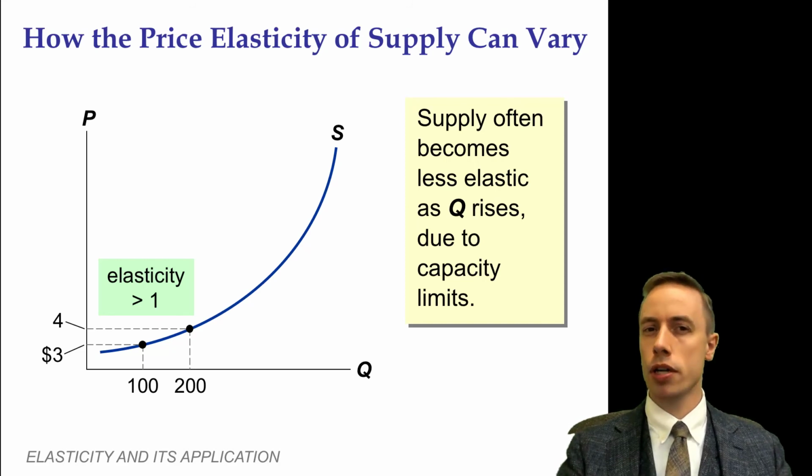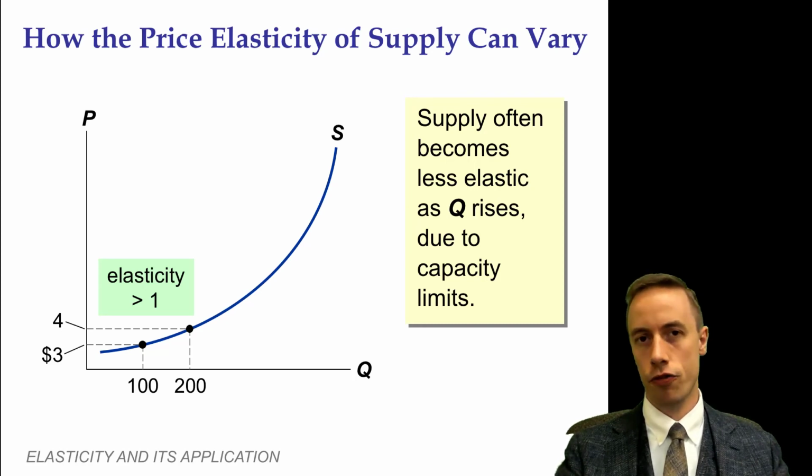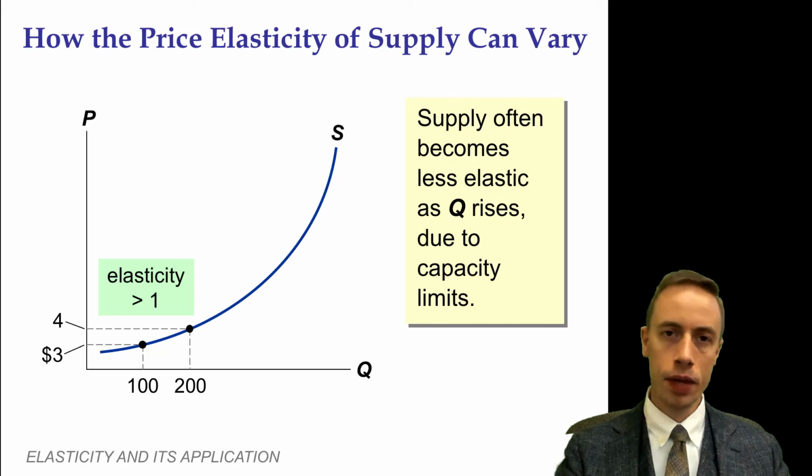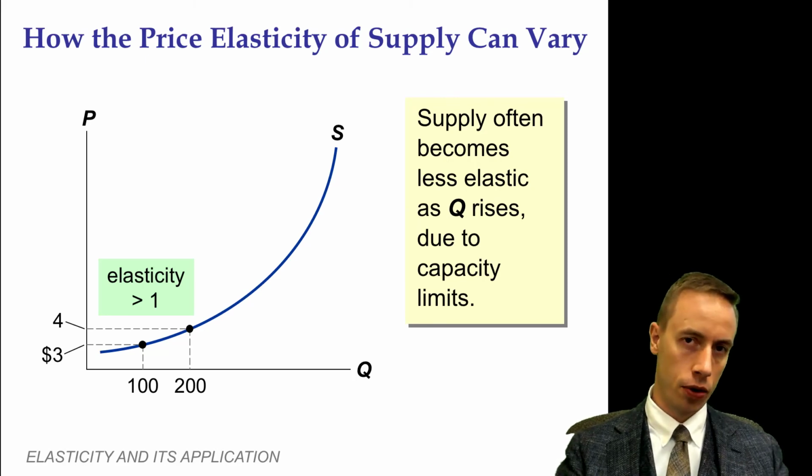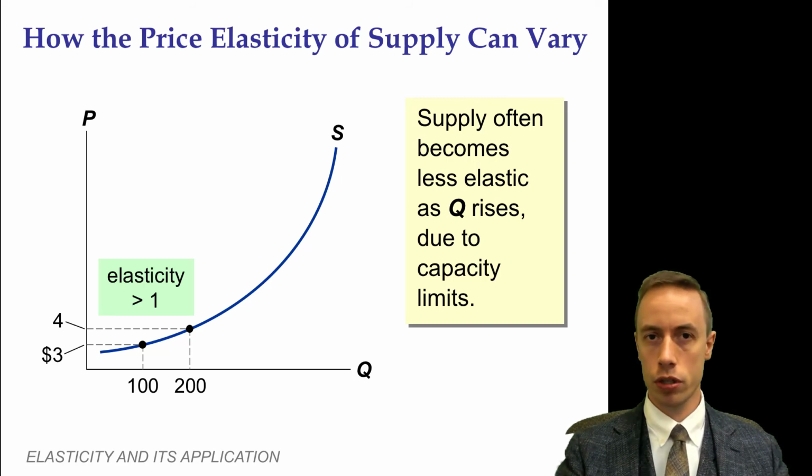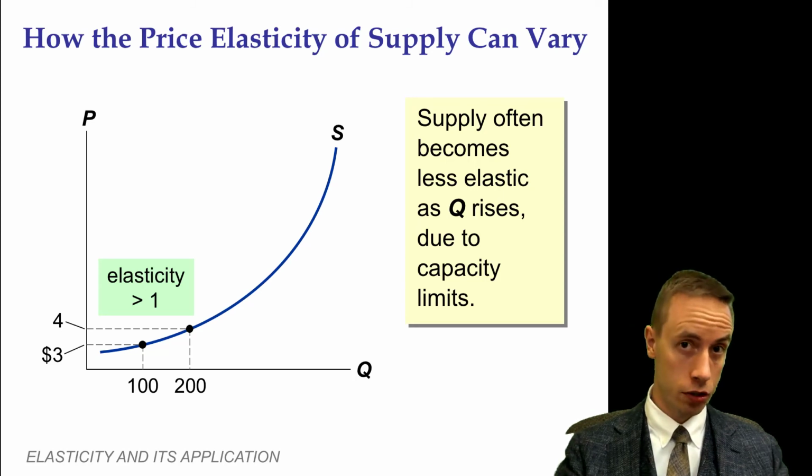But many products have a limited capacity for production. For example, let's say a particular car becomes very attractive. People just start buying this car. At first, the car manufacturer can increase production easily by perhaps adding weekend shifts or adding third shifts.